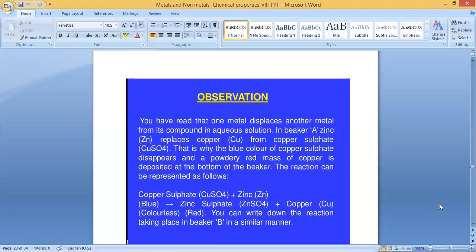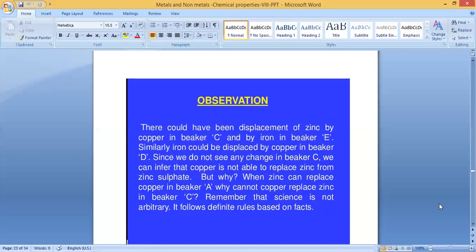So what we are learning here is that one metal can displace another metal from its compound. But there are some exceptional cases that I'll teach you later. Which metal replaces which? Zinc replaces copper from copper sulfate solution, that is in the case of beaker A. Then there could have been displacement of zinc by copper in beaker C. In beaker C, what are you going to replace?